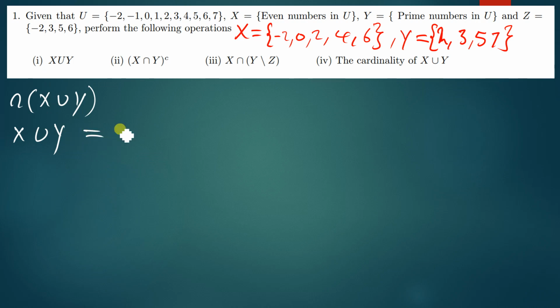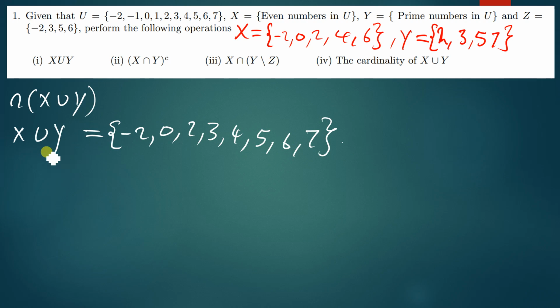So x union y is simply found by combining x and y. So when you combine x and y without repeating the common elements, we have -2, we have 0, then we have 2 there, we have 3, we have 4, we have 5, we have 6 and 7.